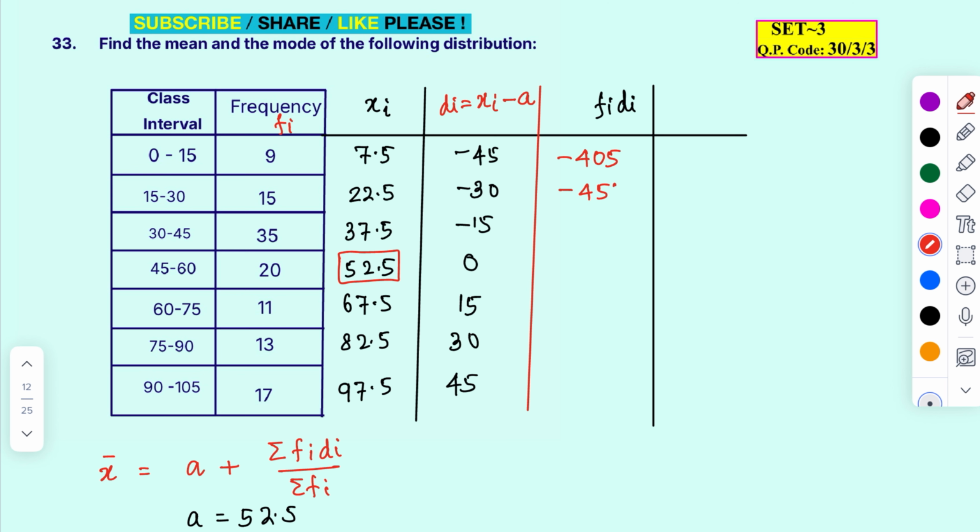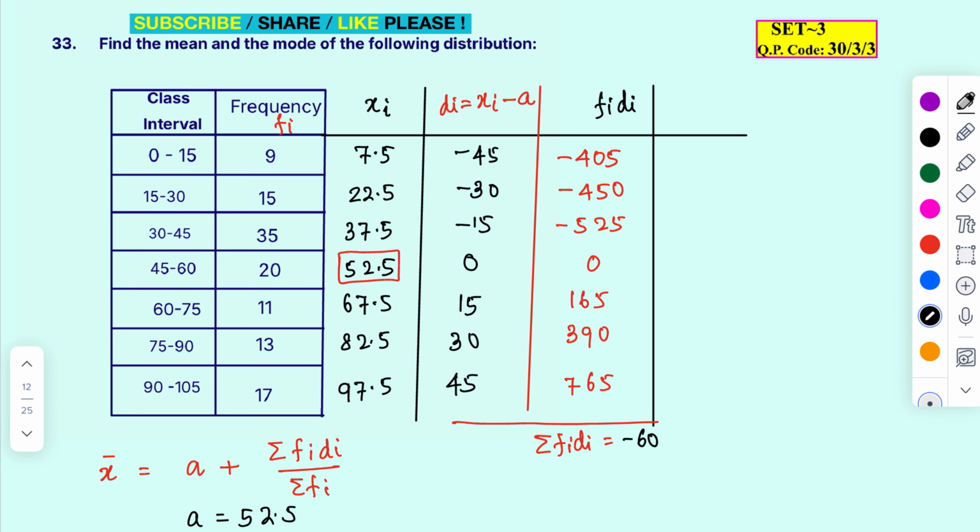Second one is minus 450, minus 525, 0, 165, 390, and 680 plus 85, that is 765. Now if you add all this, we get sum of Fi di, which will be equal to minus 60.